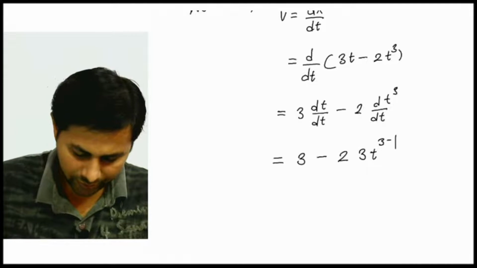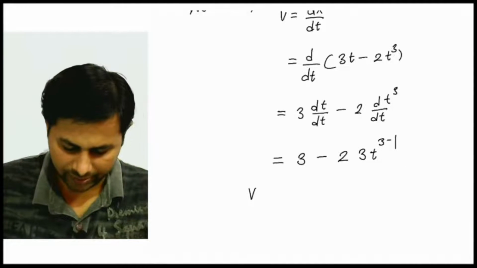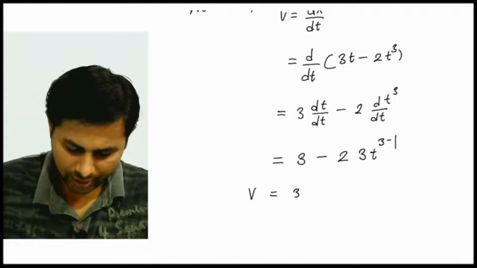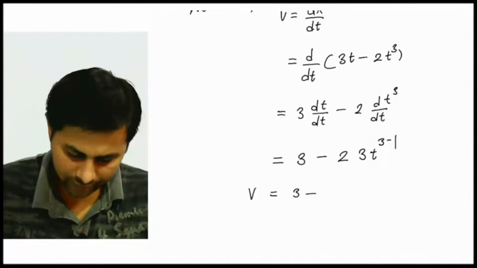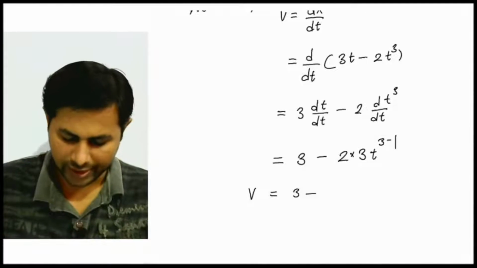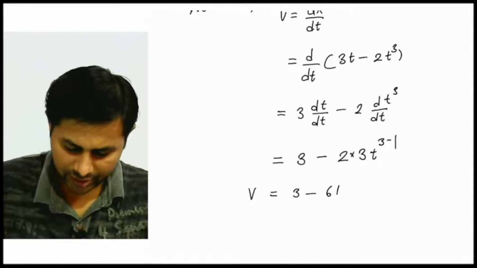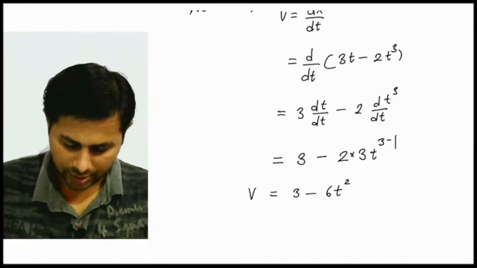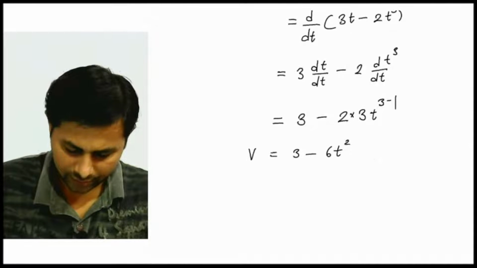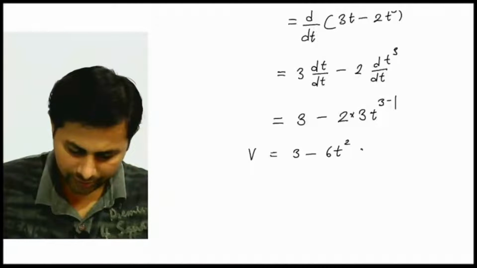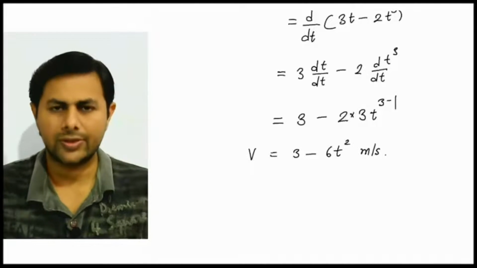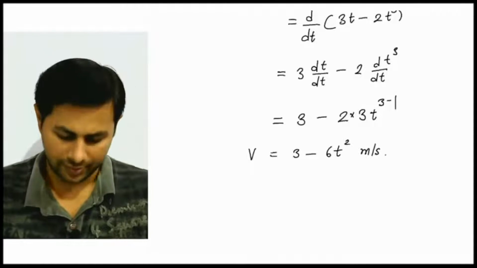So we got velocity at some time is equal to 3 minus 2 times 3 is 6, 6t squared. The unit will be meters per second because the position is given in meters.